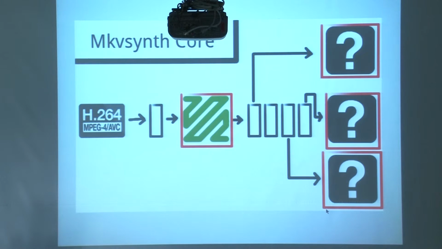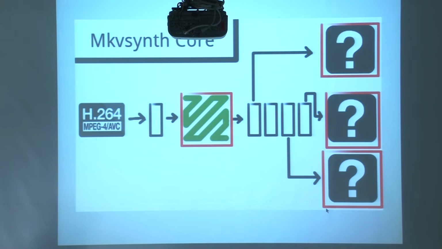Each red box represents a filter, and one of the cool things is that they're all in different threads. So all the filters are multi-threaded, and then you can see the line of little black boxes. Each of the little boxes represents a frame, and so it buffers them, which means if one filter is running super fast, it can sort of build up a buffer of frames.